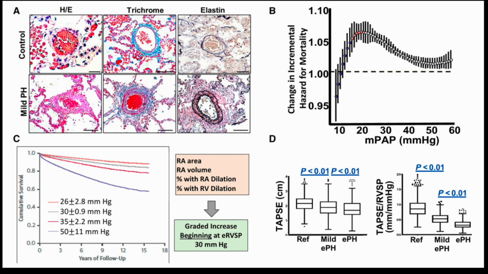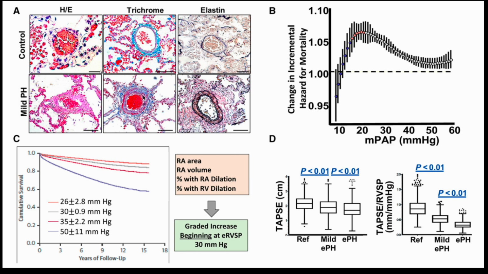So in this schematic diagram, what you see is the pathophysiology and the risk of mild pulmonary artery hypertension. In histopathology, that is in panel A, what you can see is mild pulmonary hypertension shows vessel wall changes when compared to control. So this is the control, this is the mild pulmonary hypertension. You see there is increased fibrosis, which is shown here in the blue, and thickening of the vessel wall.